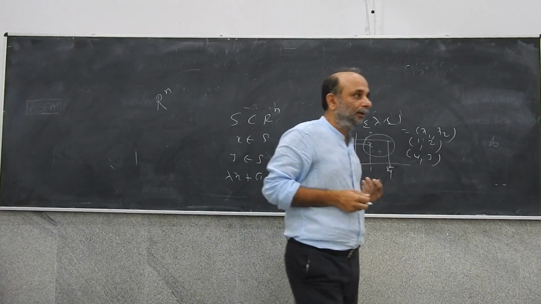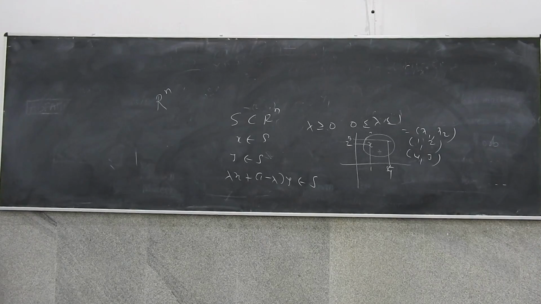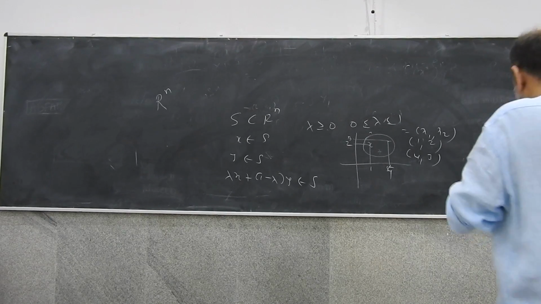Choose any number lambda that lies between 0 and 1. So tell me, any number lambda? 0.5. She says 0.5.